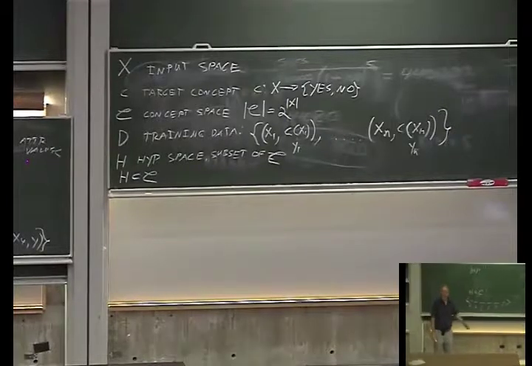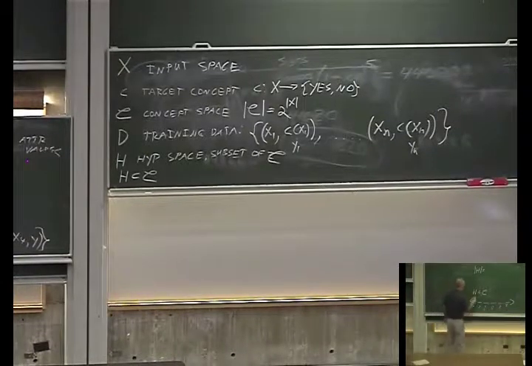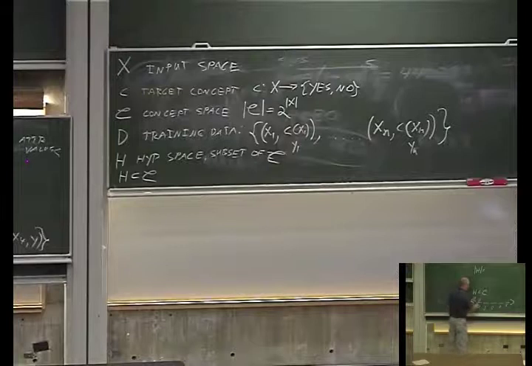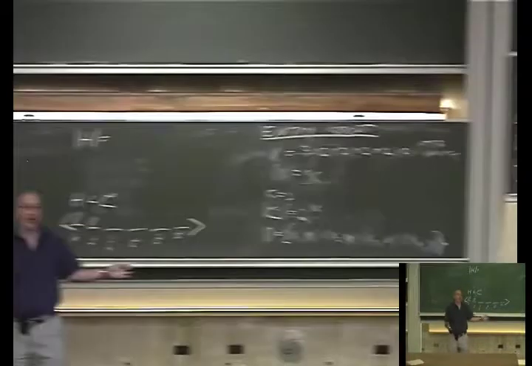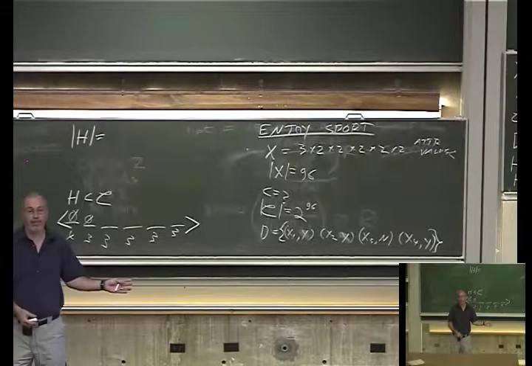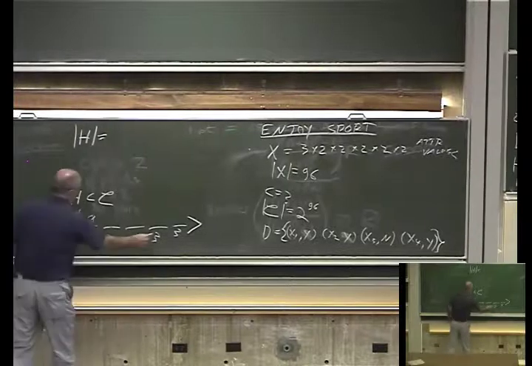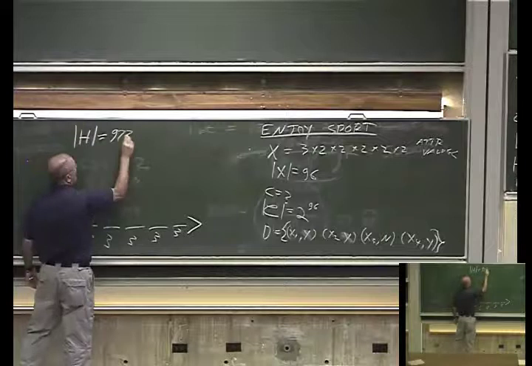Multiply them through, you get 972. Then you have to add the hypothesis where nothing is allowed. That's the null symbol. If you put a null symbol in any one of these positions, you might as well put them everywhere, because a null symbol in any one of the attributes means that for every input the answer is no. So multiply this together and add 1, and you get 973.